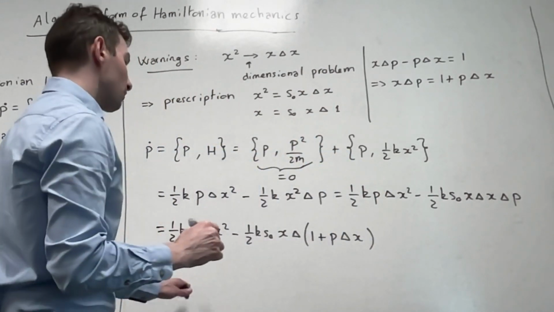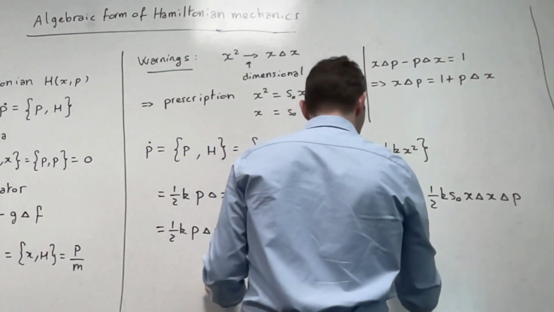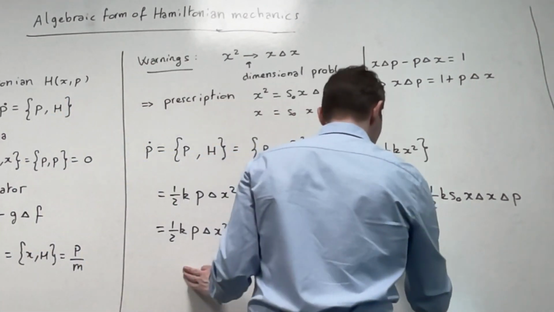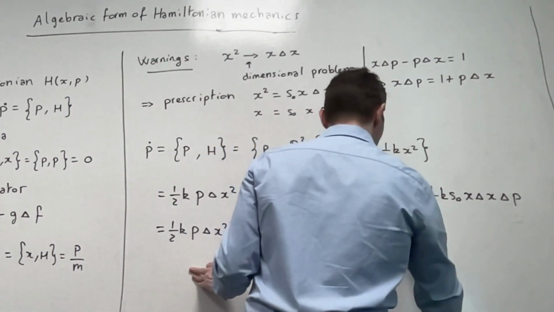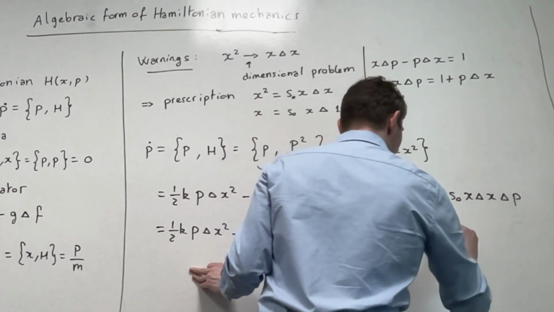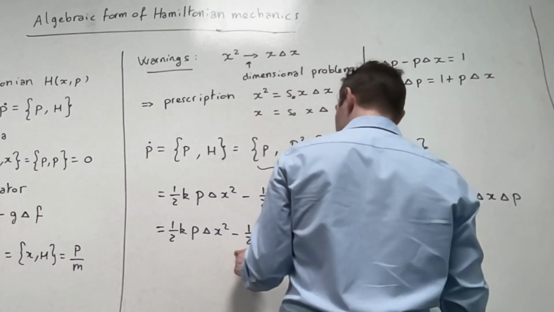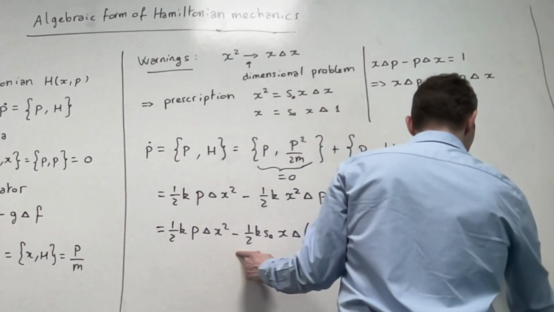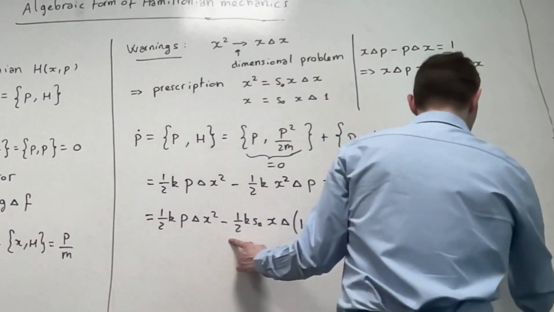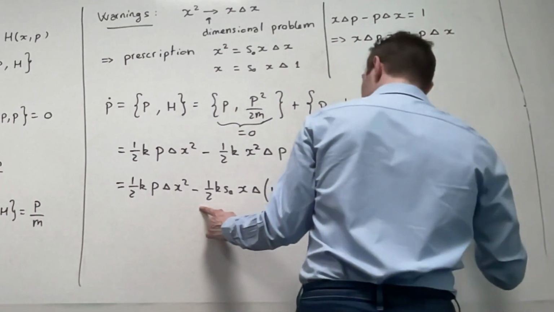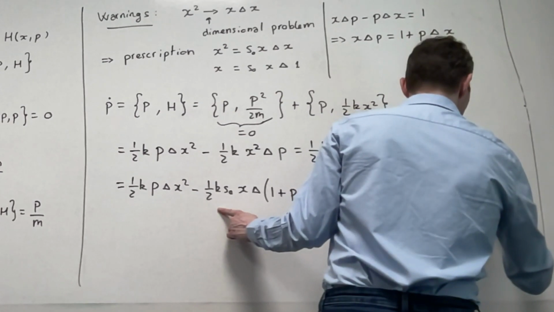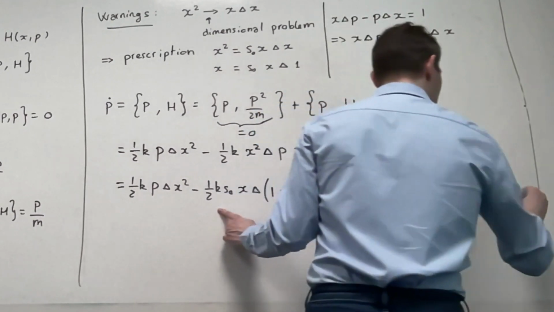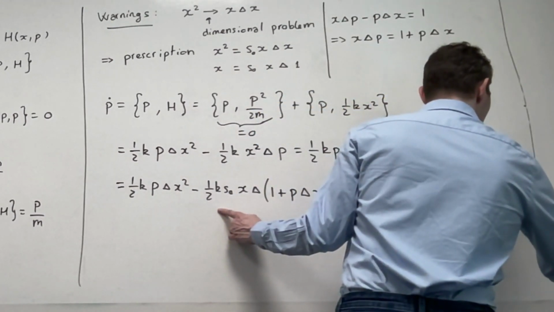Okay, so then when I expand, by using this particular operation as well, we are going to get that this is half k p triangle x squared, and then minus half k x, and then minus as well half k S0 x, and then p, x.